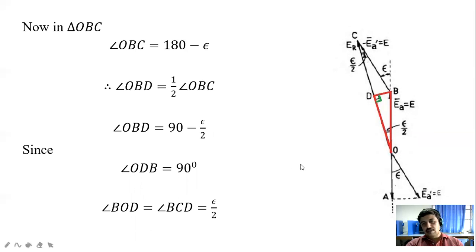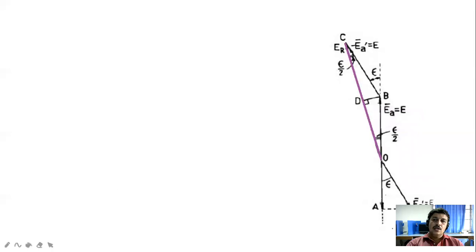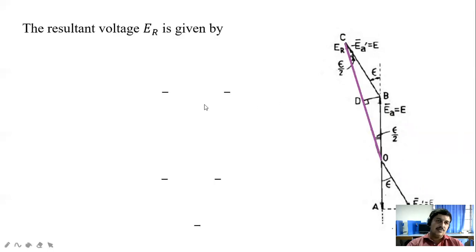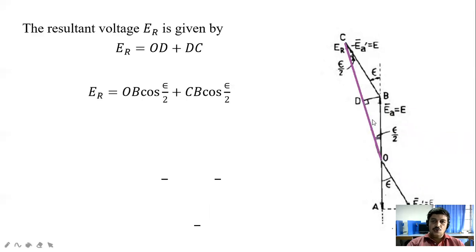Now we have to determine the magnitude of ER from this phasor diagram, that is, the magnitude of phasor OC, represented with a violet colored line. The resultant voltage ER is equal to OC, which is equal to OD plus DC. So how do we calculate this OD? This angle is equal to 90 degree.